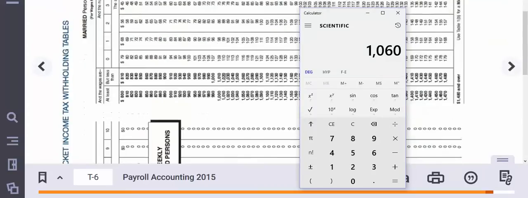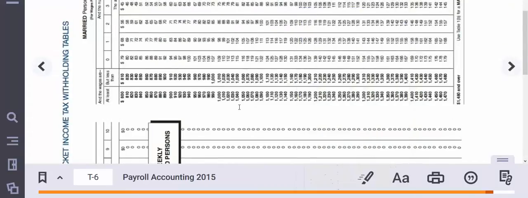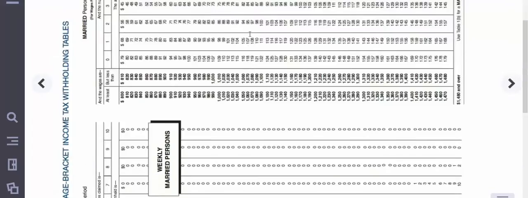So we're going to go up to at least $1,060. This is why I highly recommend printing the pages out, because you're going to have to crane your neck around. So at least $1,060, but less than $1,070. And he has 2 allowances. The first column of numbers is always going to be 0. So we're going to go over to the 1060, but less than 1070. 0, 1, 2. So if this were the correct edition of your book, it would be $95.